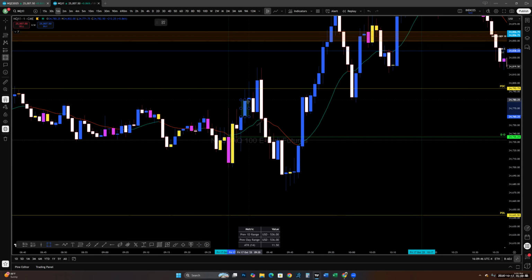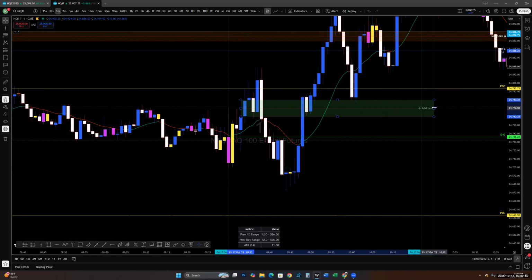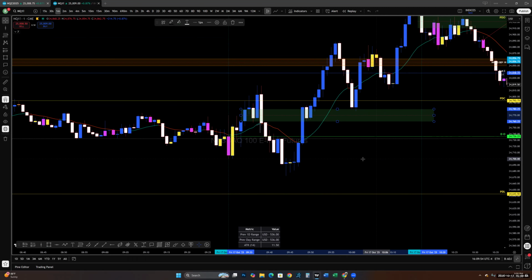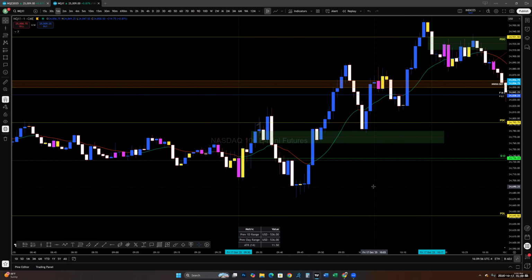So what I'm doing is drawing myself like a roadmap. If I think the price is going to expand higher, I wanna see clues of why or where or how.